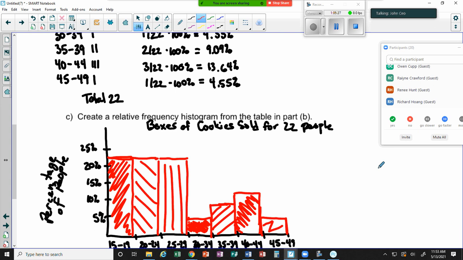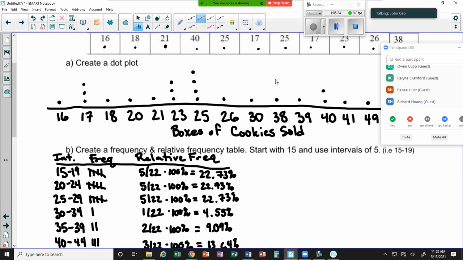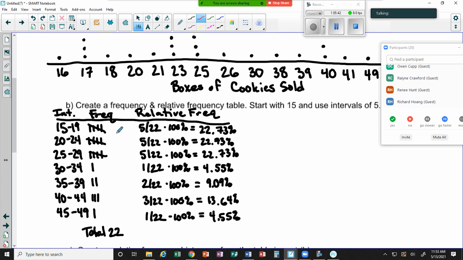What questions do we have on that? So we did dot plots. You don't have to include every single one here. For a frequency table, make sure your intervals are consistent, exactly the same, and make sure none of them overlap.